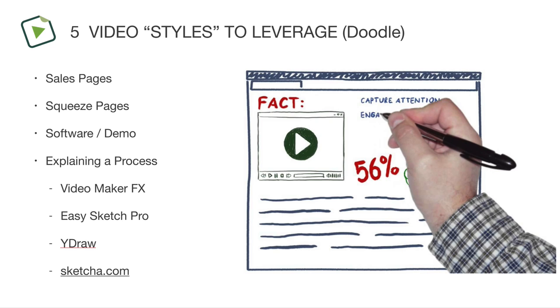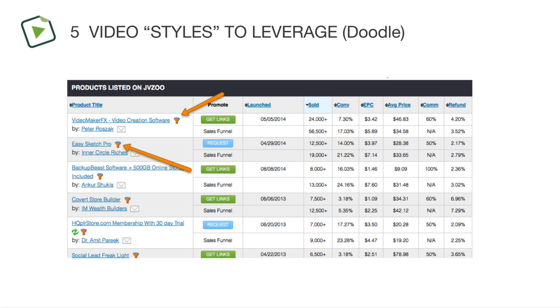Okay, and they do a really good job of visually showing how a process or a software works. Okay, and as you can see, these softwares like VideoMaker FX, Easy Sketch Pro, they're some of the most sold products, or best selling products on JVZoo, because they work and they're very easy to use.